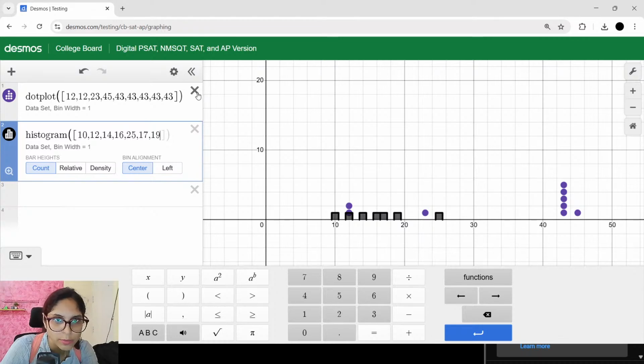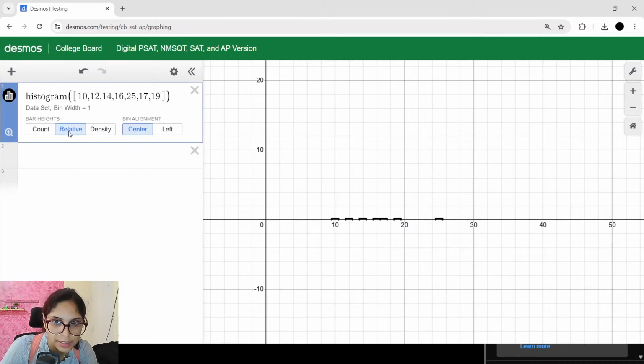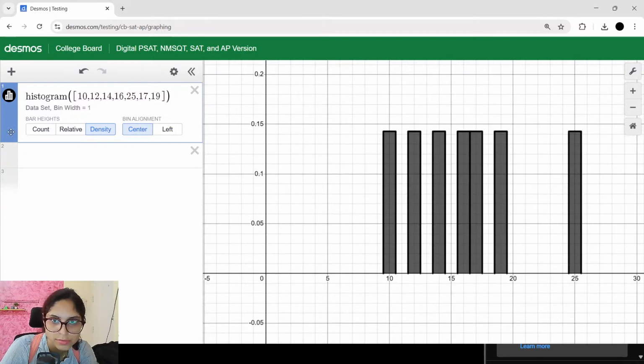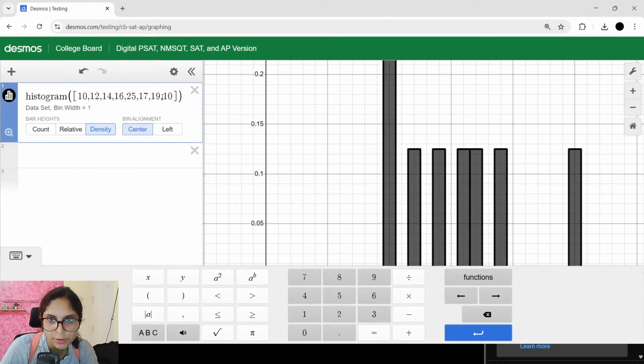And now I'm going to cancel it. So over here you have to tell the count, relative density, left or center. All right, so you have 10, 12, 14, 16, 17, 25, and 19. Now let's say I repeat the value.